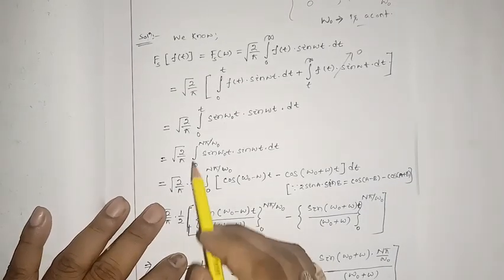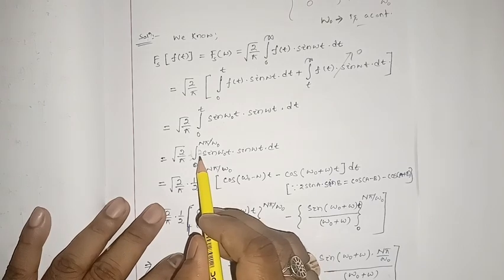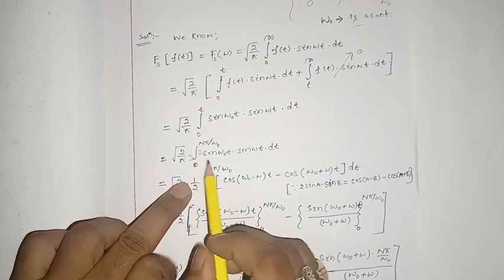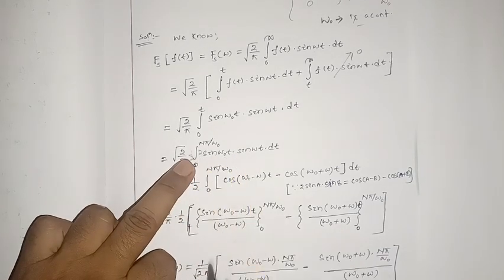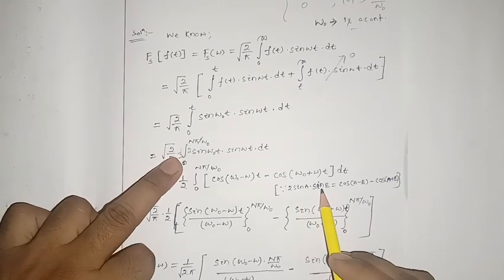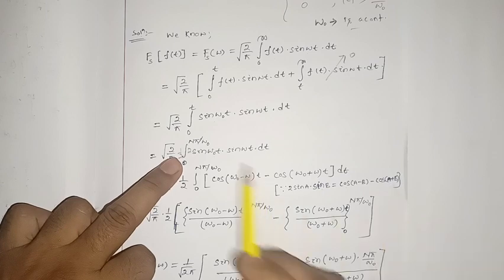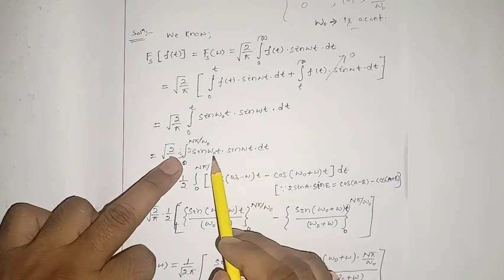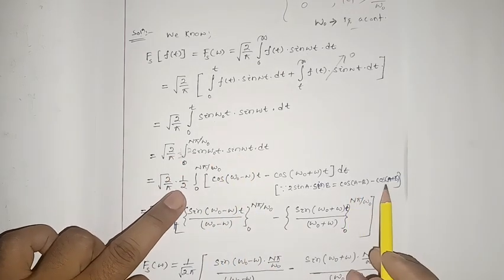So here what I did, I multiplied by 1 by 2 and divided by 1 by 2. If I multiply by 2 here, this will be in the form of 2 sine a into sine b. So the 2 sine a sine b formula is nothing but cos of a minus b minus cos of a plus b. So this is your a and this is your b. A is omega naught t, b is omega t. We are going to put this as per this formula.